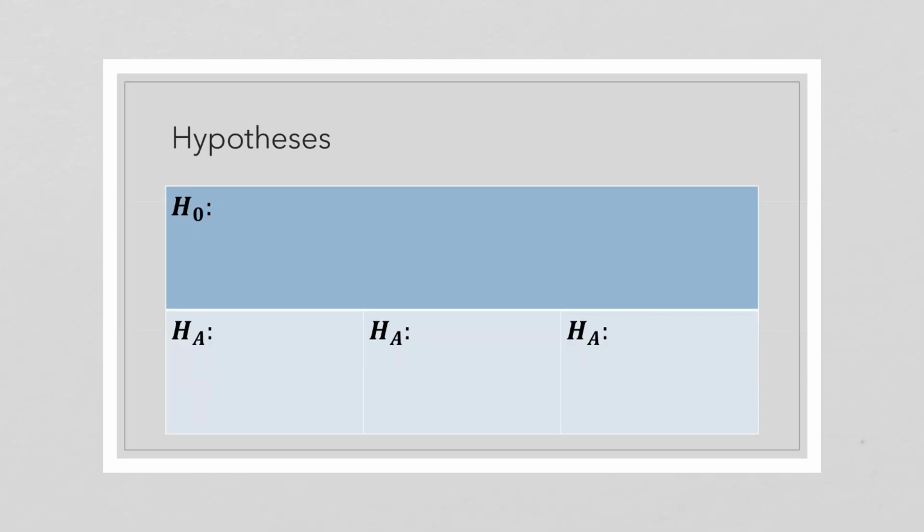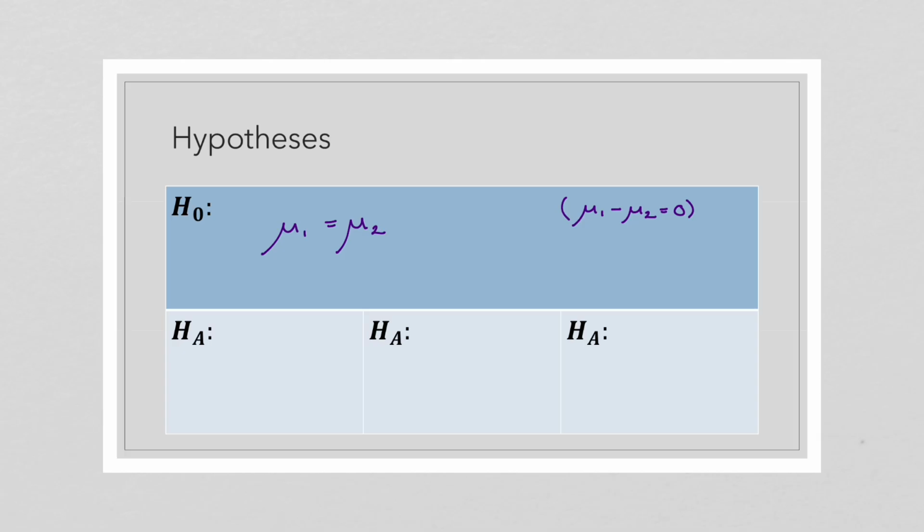So for our hypotheses, we would say something along the lines that mu sub 1 is equal to mu sub 2 for our null. In other words, we're saying there is no difference between the two groups. Another way that you could write that would be mu sub 1 minus mu sub 2 is equal to 0.